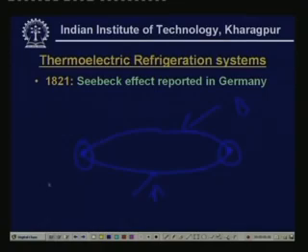Let us say you are maintaining these two junctions at two different temperatures: one is a hot junction and the other is a cold junction. Once you have two dissimilar metals joined together and you maintain the junctions at two different temperatures, an EMF will be developed in the circuit. That means you will see that a current is flowing through the circuit. This is what is known as the Seebeck effect, and it was reported in Germany in 1821.